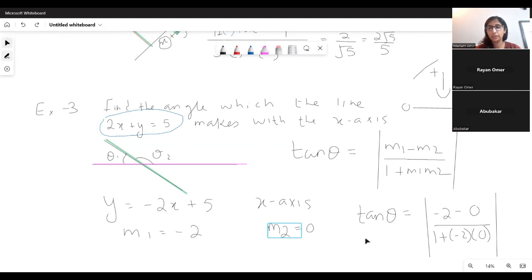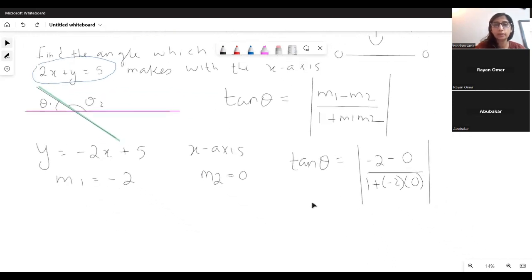So this would be minus 2 upon 1. Modulus of that is just 2. What's the modulus of minus 2? Modulus means absolute value, the positive value. So it's going to be 2.